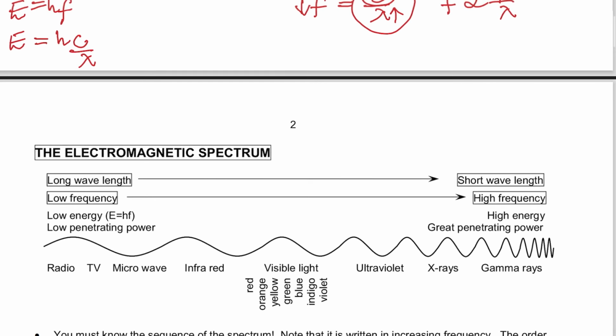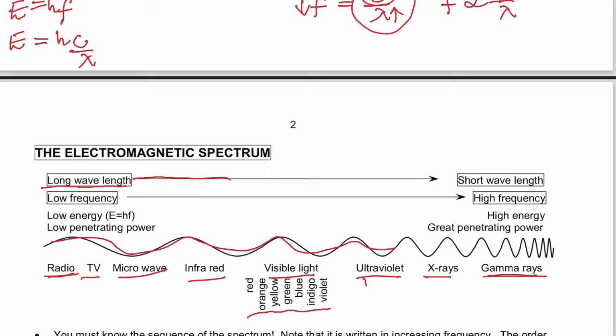The electromagnetic spectrum. In the electromagnetic spectrum, we have these different waves: radio waves, TV waves, microwaves, infrared, visible light. The visible light has the ROYGBIV. We have ultraviolet, X-rays, gamma rays. If you look from radio waves to gamma rays, the wavelength starts long and becomes shorter.